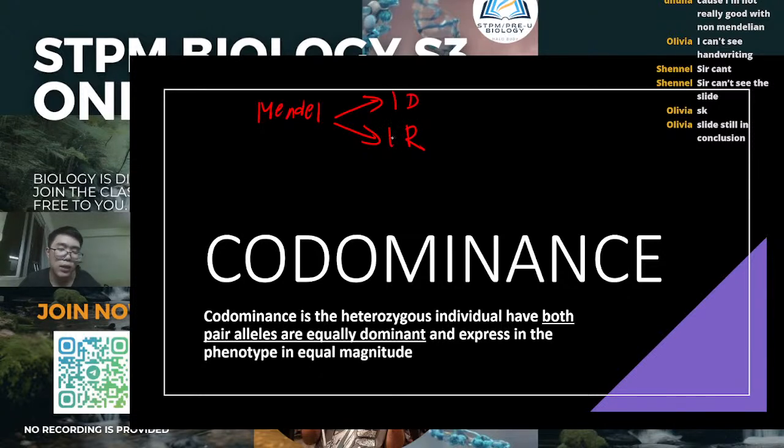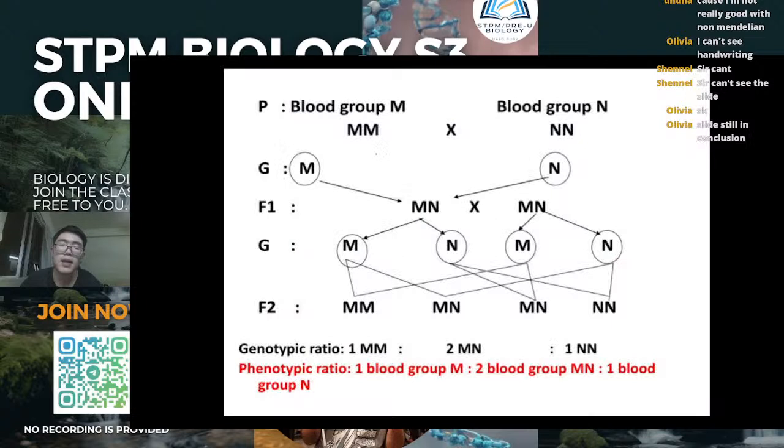But in the real situation, there are some characteristics that contain two dominant alleles. The most common example is the MN blood group.